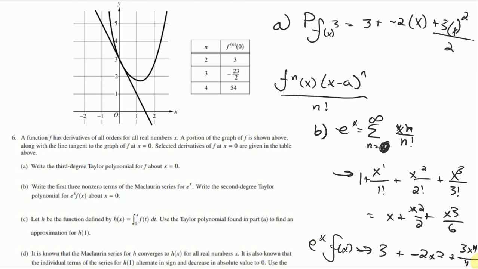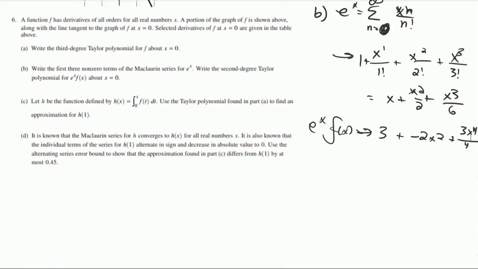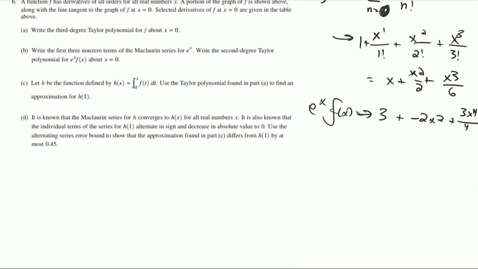Light work. Now looking at C: let h be the function defined by h of x equals the integral from 0 to x of f of t dt. Use the Taylor polynomial found in part A to find an approximation for h of 1. It's just going to be the integral from 0 to 1 of f of t dt.